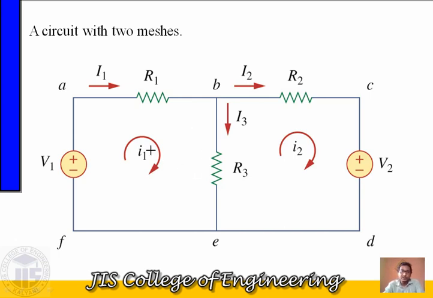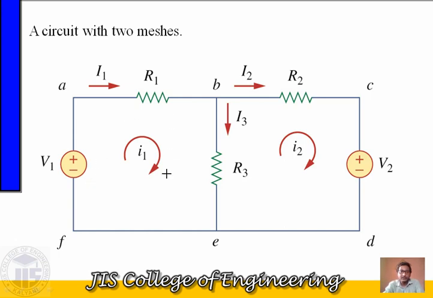So for this first mesh, the mesh A, B, E, F, A, I1 current is up to down and I2 current is down to up. So the voltage drop across R3 can be considered as I1 minus I2 multiplied with R3. Then if we move in the clockwise direction, we go to the negative terminal of the voltage source V1.